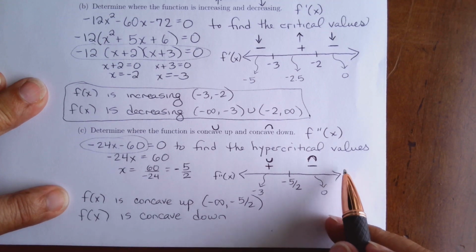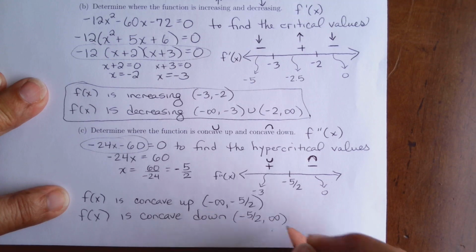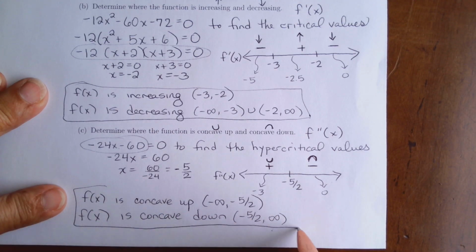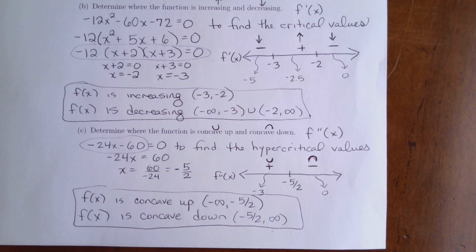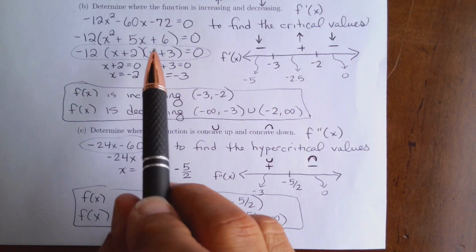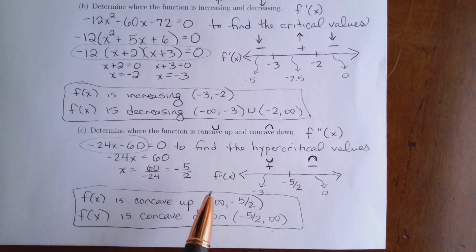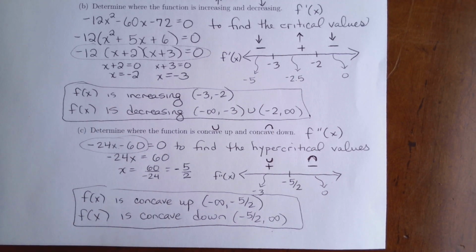So that's the right side over here, so from negative 5/2 to positive infinity. Okay. So notice we did exactly the same thing. We didn't change anything. We're just doing the first derivative here, second derivative here. Okay, but you've got to keep up with increasing parts, decreasing parts for what's coming up on the next page.